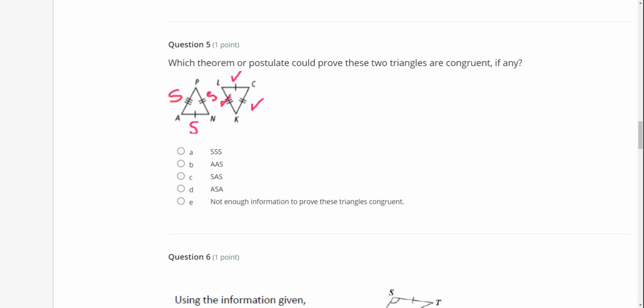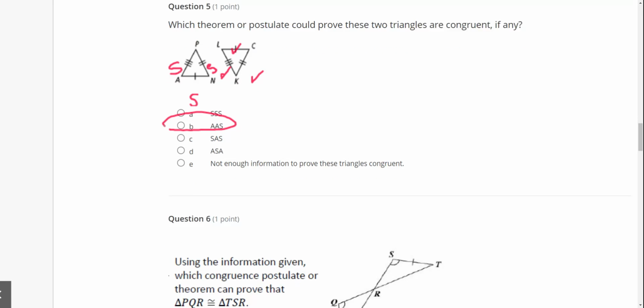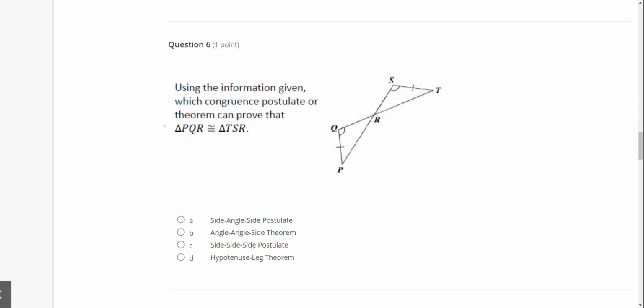So what's my choice? A, B, C, D. Yeah. What I'm given is side, side, side. Once you get good at this, this is so easy. But until you're good at it, you just have to practice until it's easy. And it can be super frustrating.